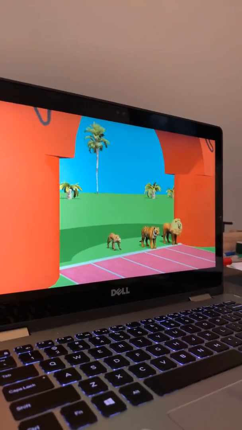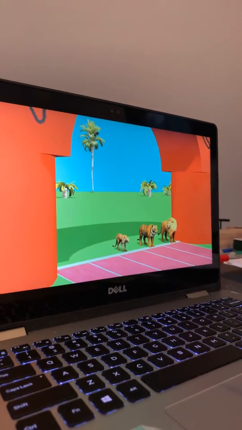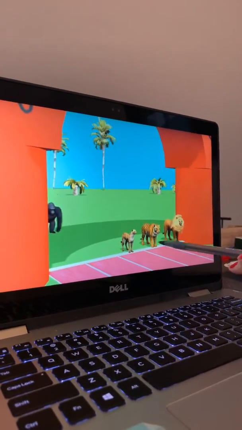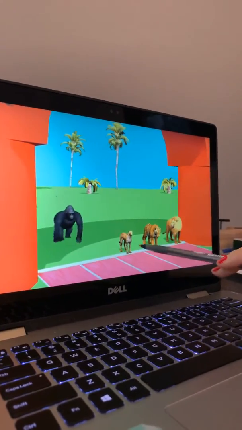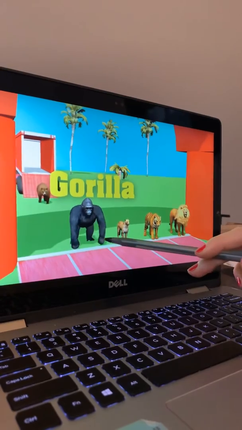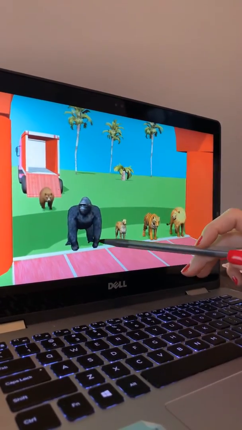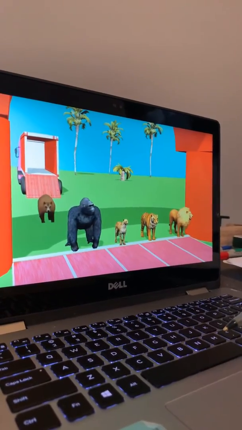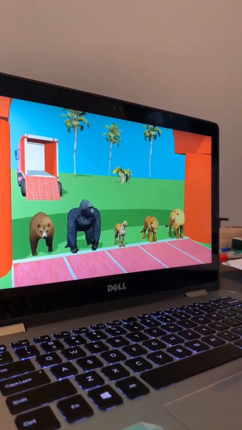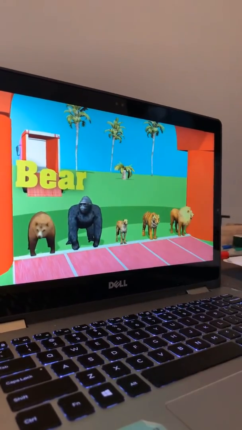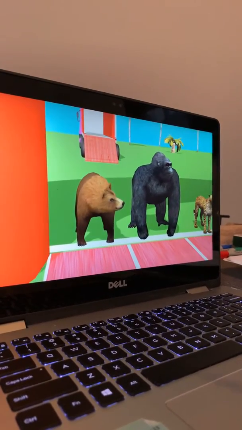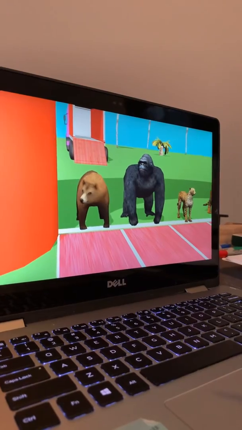This is the cheetah. And these three animals so far, they're all using 4 legs. A gorilla or a monkey, right? He's using 1, 2, 3, 4 legs also. And the last animal in the race is a bear. So these are the animals that are going to be racing to see who's the fastest.